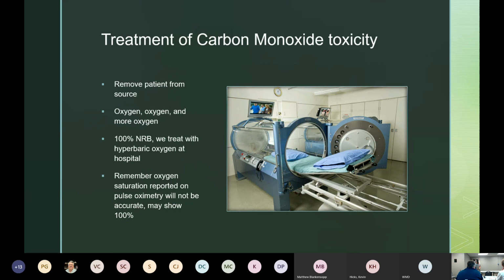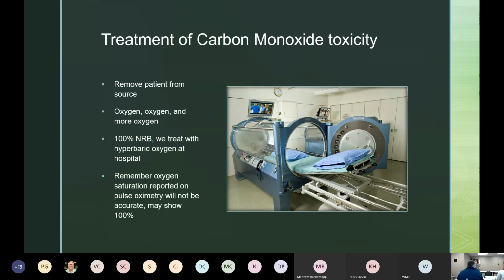There's some data for hyperbaric oxygen therapy. It has been shown to prevent some of the chronic neurological conditions that can happen in the more long-term setting after these patients have had a severe exposure to carbon monoxide. So that's kind of the indications right now.